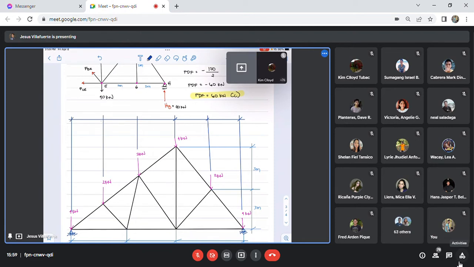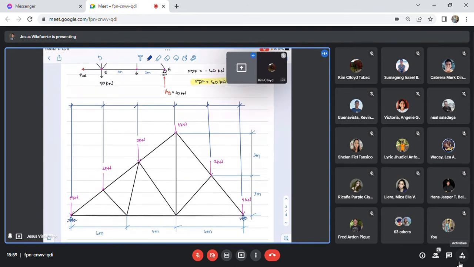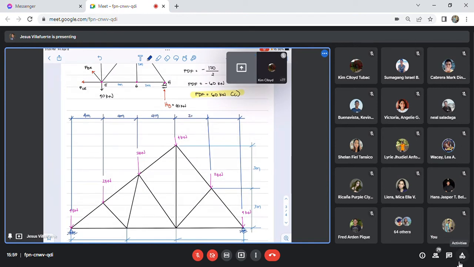Okay, 2 meter, site engineer, safety officer. Foreman, yes, they have foreman. This is 12. This is 3. Welder also, painter, plumber, okay.